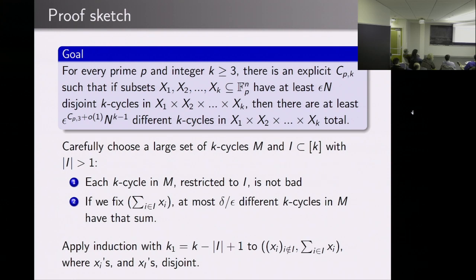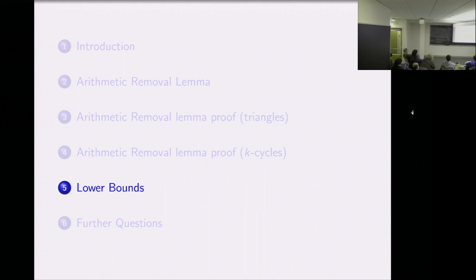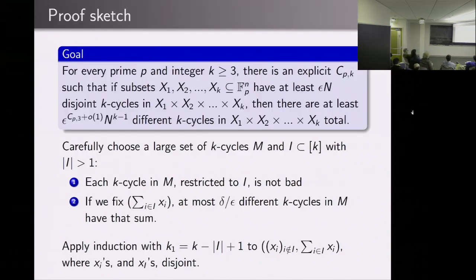And then this allows us to apply induction to this set of k1-tuples. I hope you trust me that the math works out and this gives us a bound on CPK. I should have mentioned that the bound this gives is basically big CPK equal to k minus 2 times big CP3 minus k minus 3.